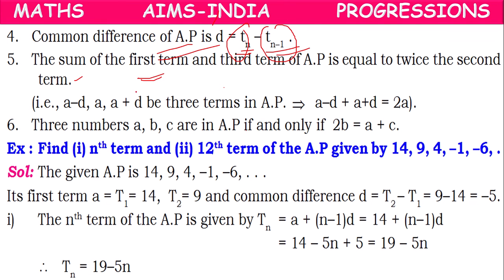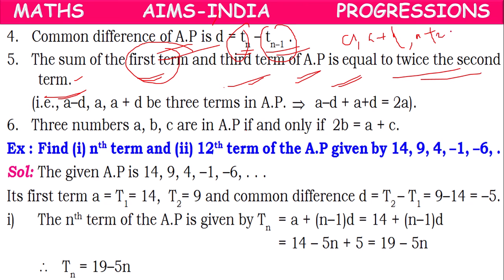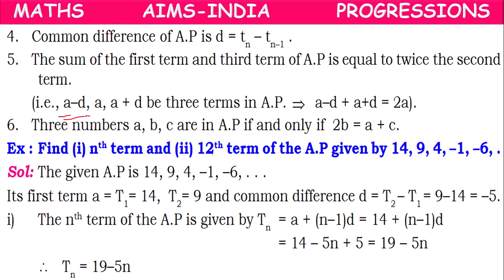The sum of the first term and third term of an AP is equal to twice the second term. Suppose the first term is a, the second term is a plus d, and the third term is a plus 2d. Or we can take it another way: the first term as a minus d, the second term will become a, and the third term will become a plus d.